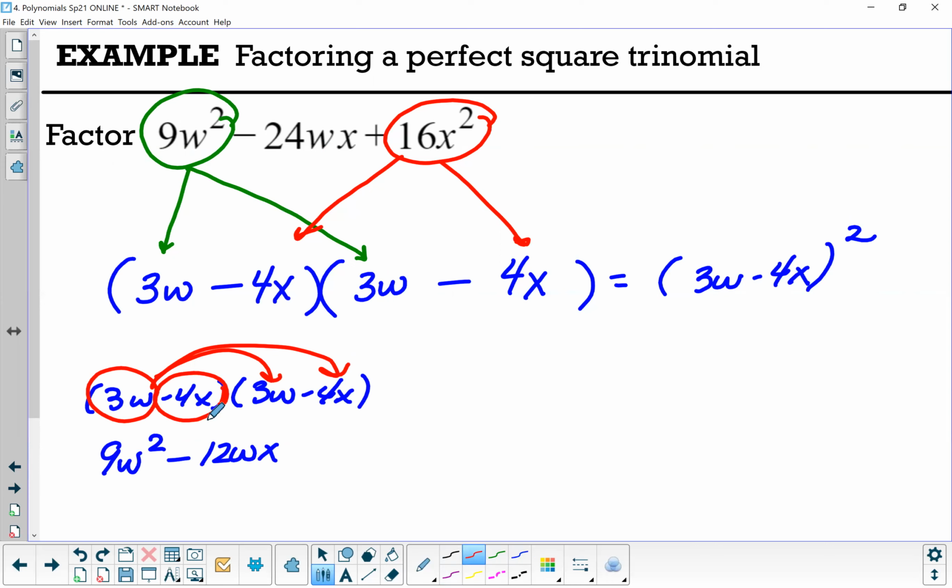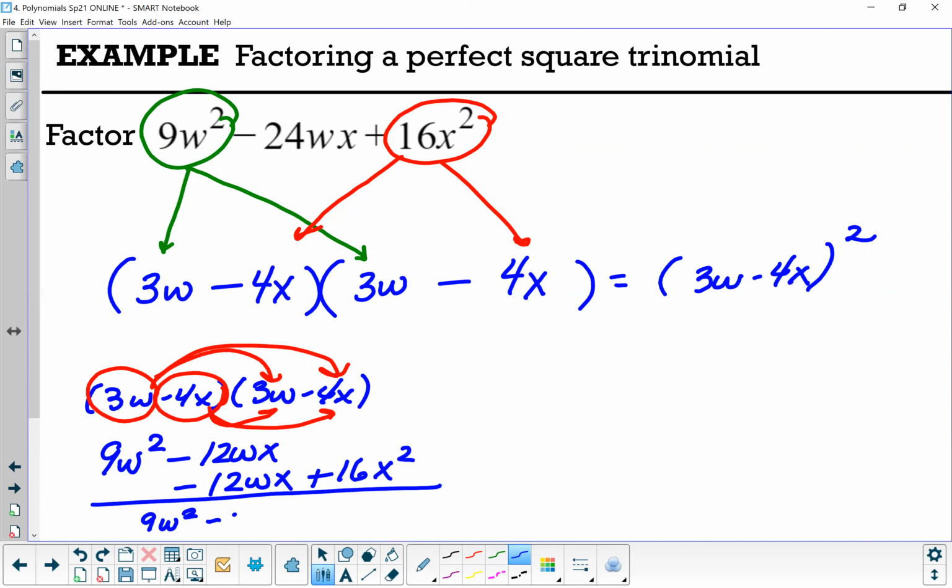And then distribute the minus 4x. So that gives us minus 12wx plus 16x squared. All right, and when you simplify this, this gives you 9w squared minus 24wx plus 16x squared, which is our original quadratic. Okay.